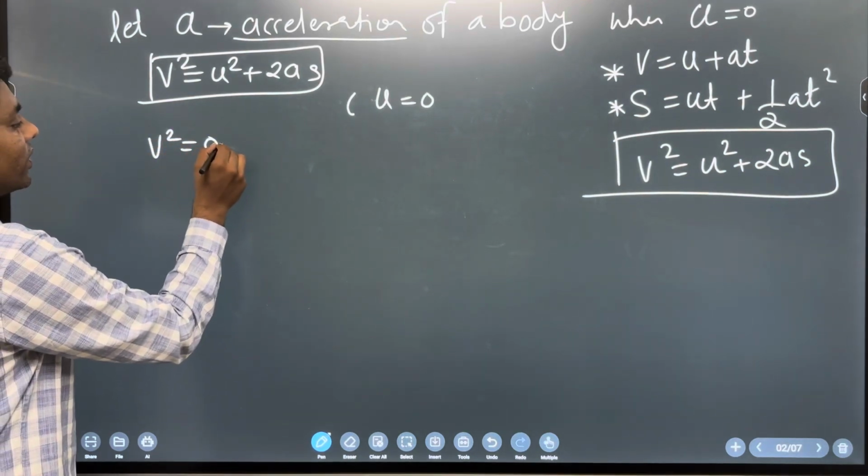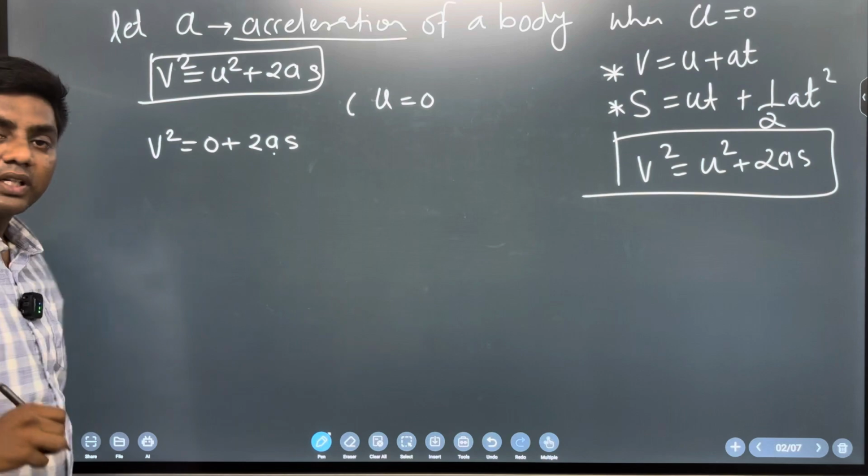So v square equal to 0 plus 2as. We have to calculate the value of acceleration.